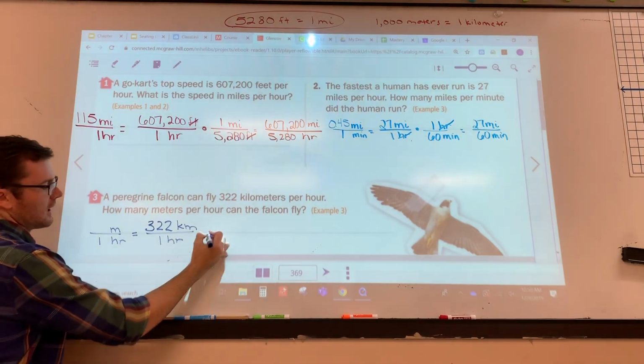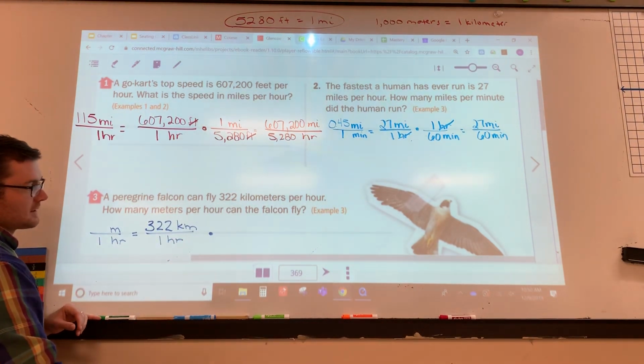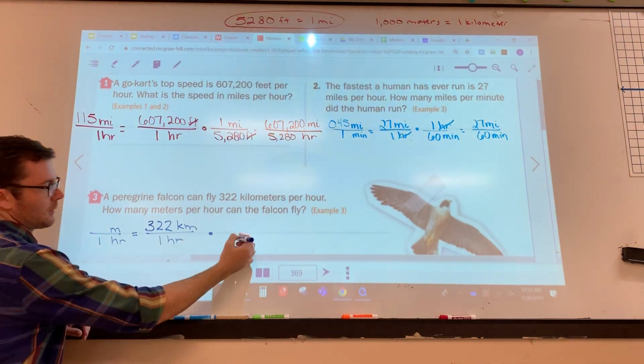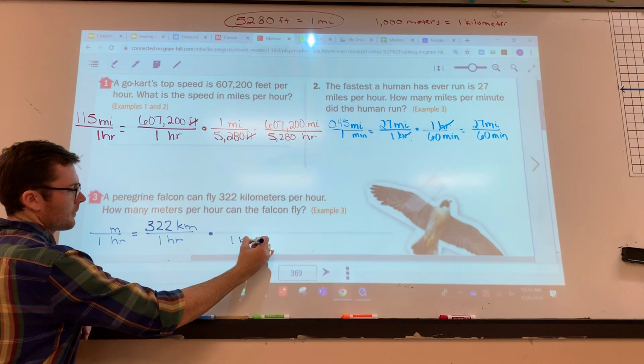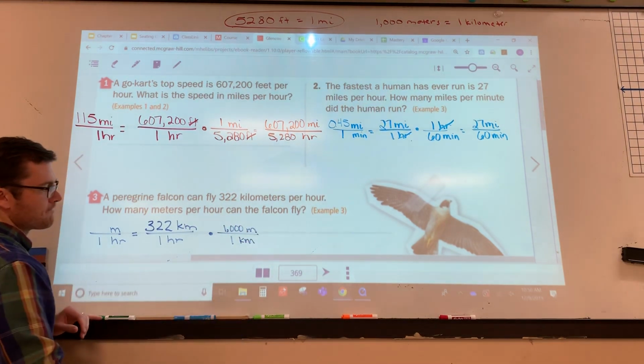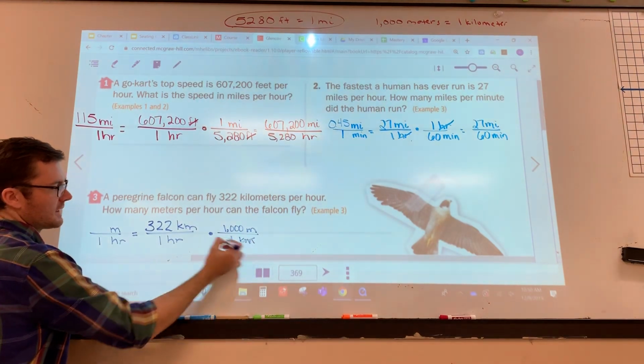So I'm going to multiply that using 1,000 meters for every 1 kilometer. I'm trying to get rid of the kilometers, so I'm going to put the 1 kilometer in the bottom and put the 1,000 meters up top, because these will cross cancel.